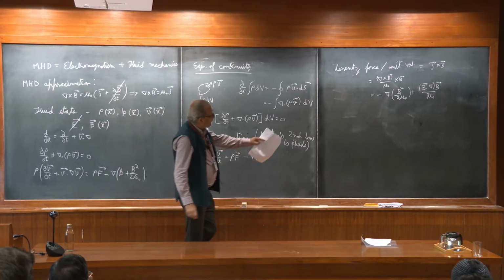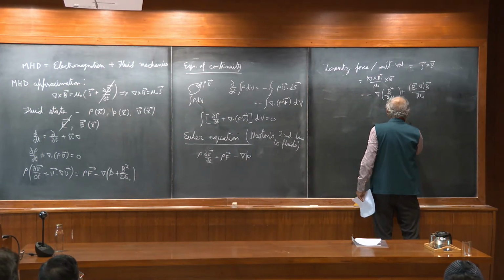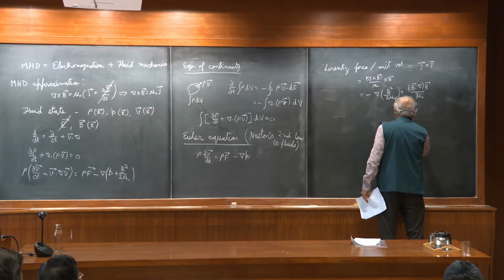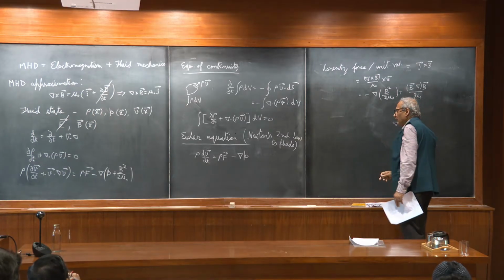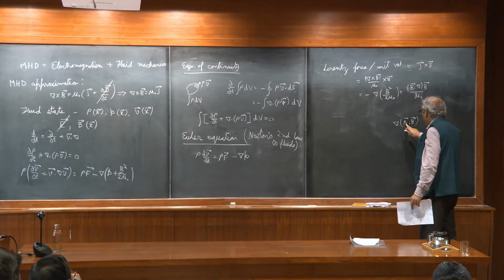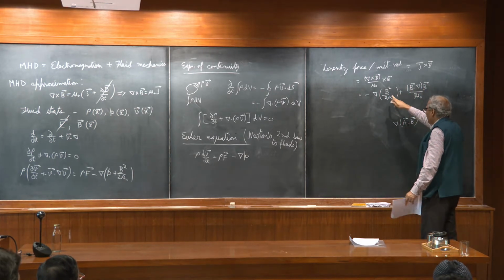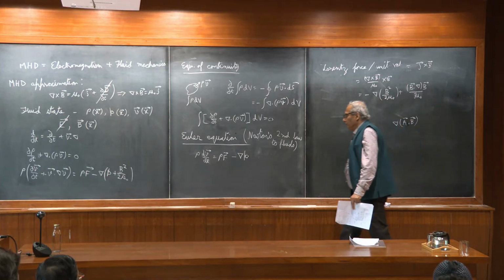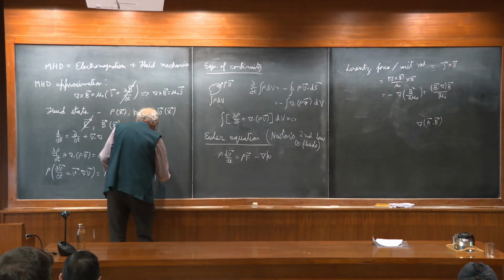Well, that comes from, basically for this you have to use the formula for the gradient of A dot B. It's given in all vector analysis books, and then you have to take A and B equal, then this term will give you B squared, and if you work out this formula, you will see that this factor 2 comes there. Okay, and then the last term is going to be this.